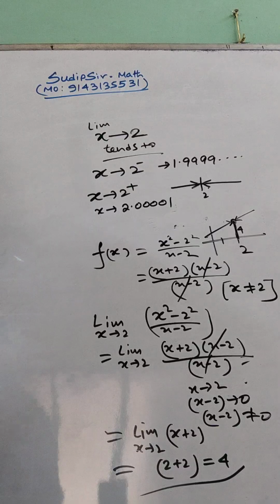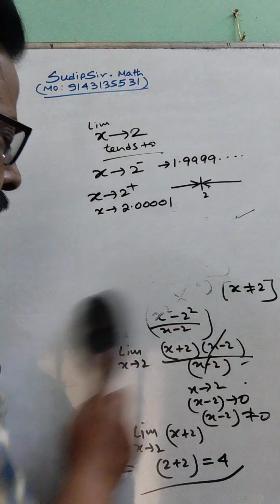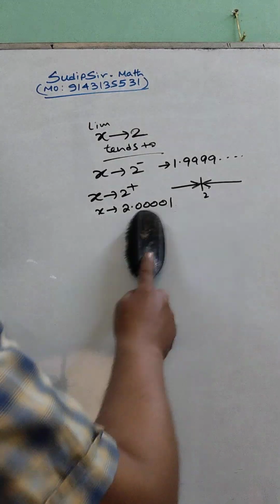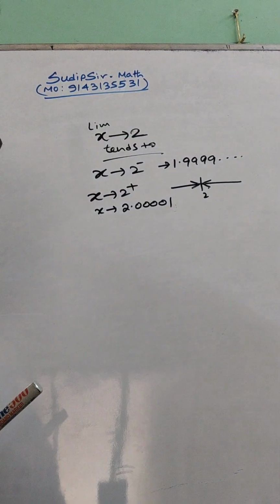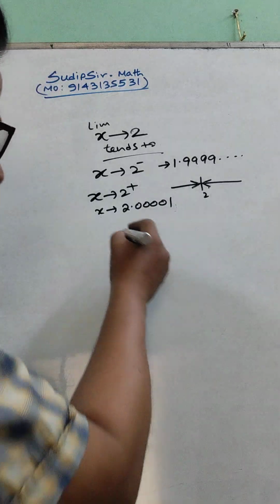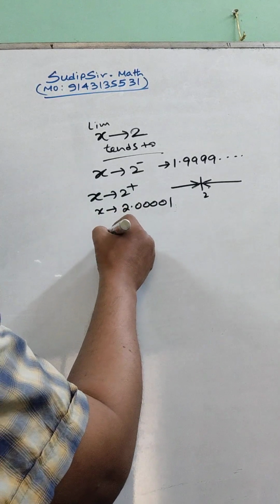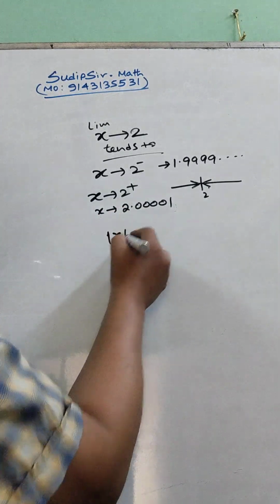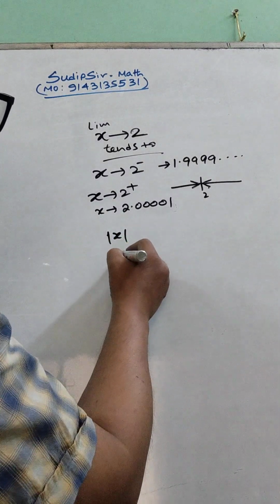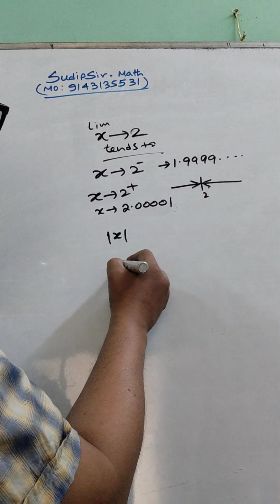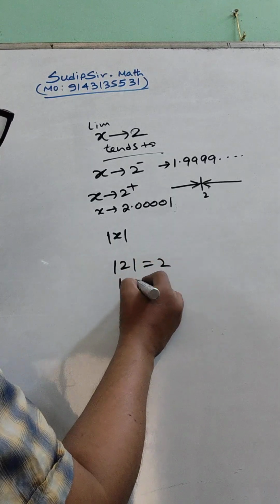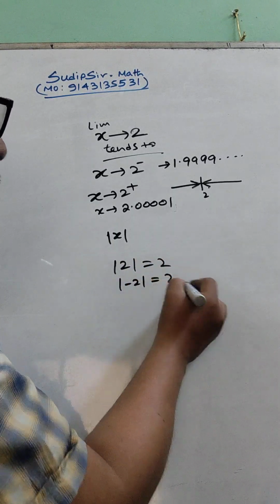Okay. Now, suppose I am giving another example. Before that, you have to know one thing. Suppose mod x. What does this signify? Mod of 2 will be 2, mod of minus 2 is also 2.